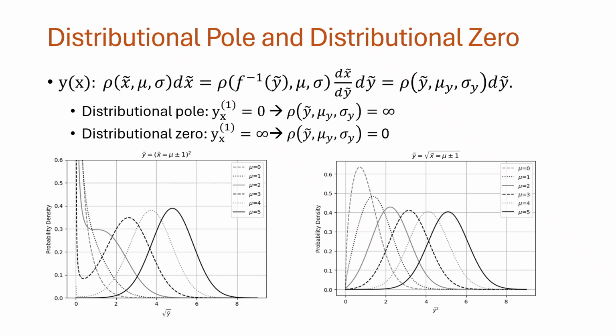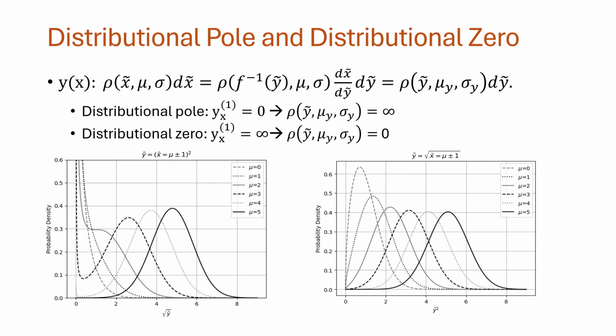There's some similarity between these two pictures displaying distribution pole and distribution zero. That means when the mean is 5, they all look like a Gaussian distribution. In other words, when the distribution pole or distribution zero is pretty far away from the mode, the distribution is not disturbed.